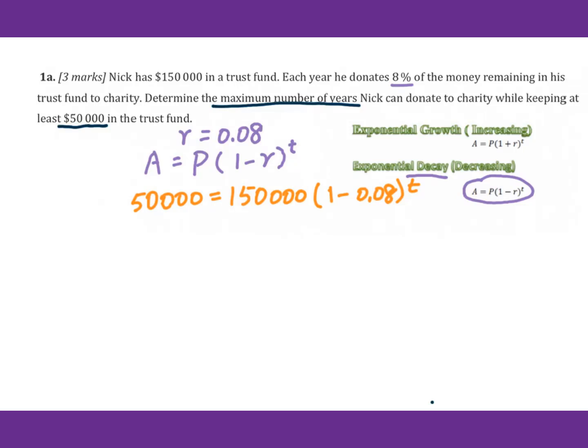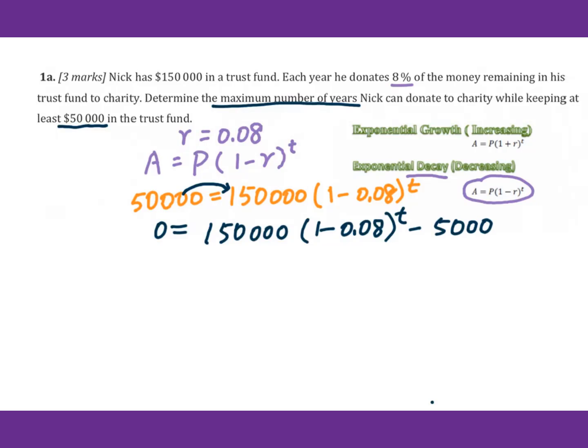Use equation solver. We have to move 50,000 to the right side, get 0. So you have 150,000 times 1 minus 0.08 to the tth power minus 50,000 equals 0.